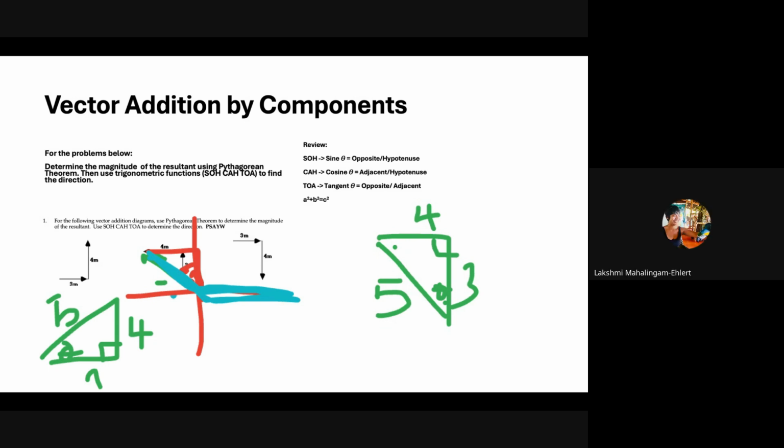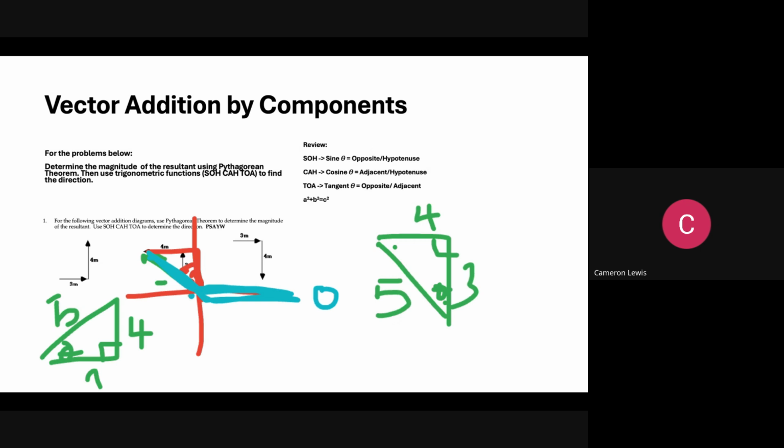Why do we need that angle though? Because we start from where? But I thought we were looking at the right triangle, which doesn't include that. It doesn't, right? But think about it. We need to know what this vector is in terms of all 4 quadrants. Because I could literally just say 5 meters at 53 degrees, but where would you know?